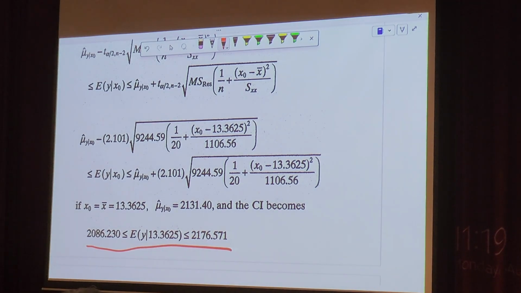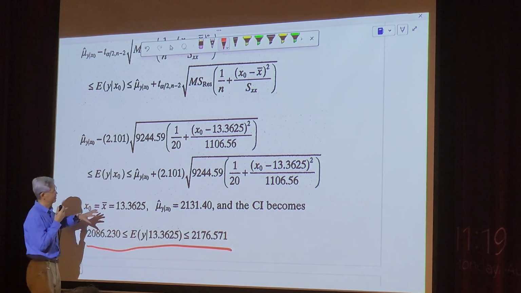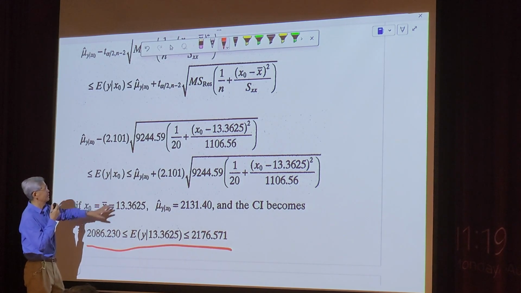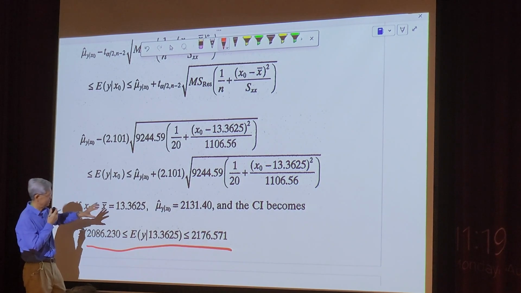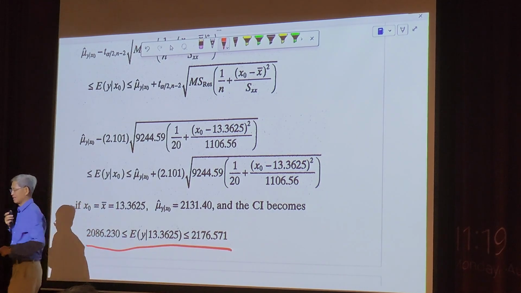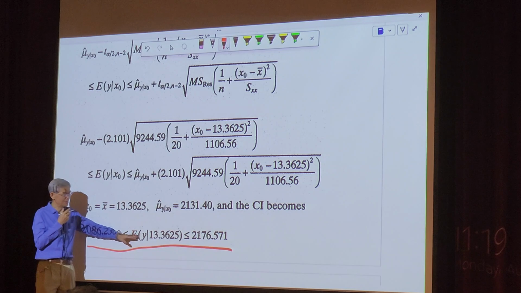Because this is a confidence interval. A confidence interval says we are 95% confident that this value lies between this and this. Well, it may not lie inside there, right? So be careful. This is written this way.